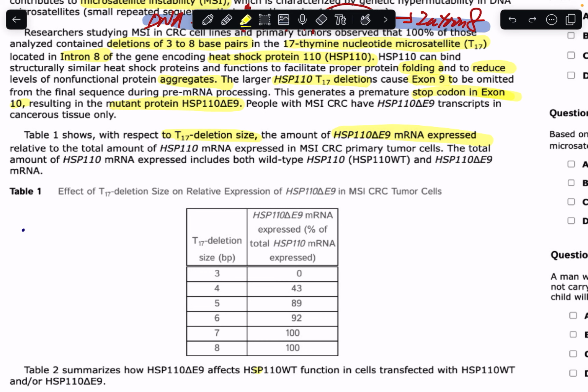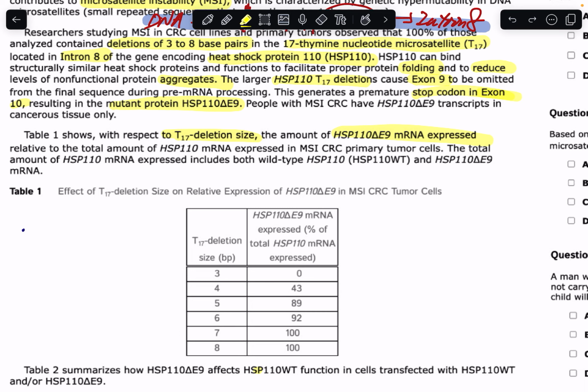Okay, so let's reread it. Table 1 shows, with respect to T17 deletion size, the amount of HSP110 delta E9 mRNA expressed relative to the total amount of HSP110 mRNA expressed in MSI CRC primary tumor cells.